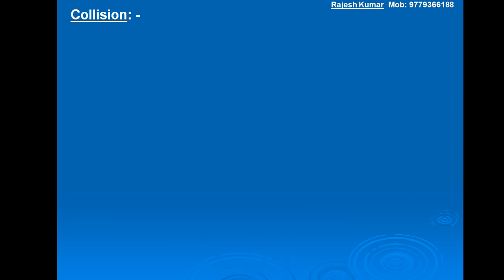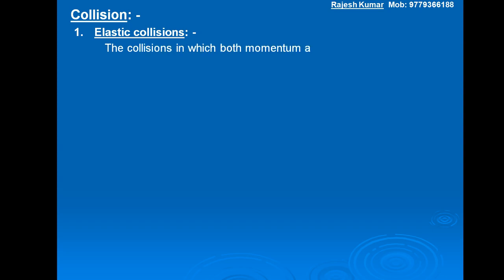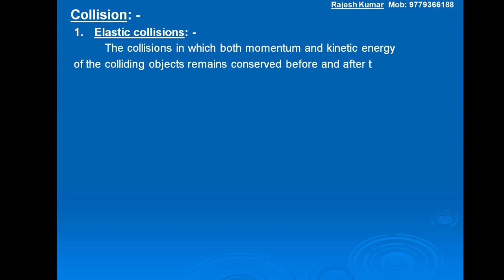Now types of collision. First one is elastic collision. Its definition: the collision in which both momentum and kinetic energy of the colliding objects remain conserved before and after collision is called elastic collision.